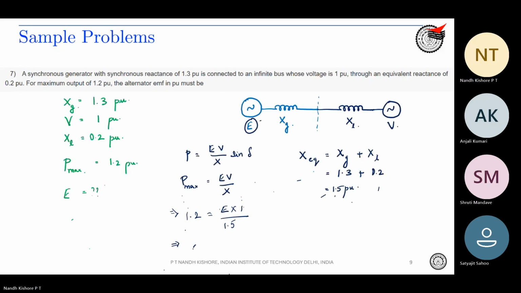Therefore, your E is 1.2 multiplied by 1.5, which is 1.8. So yeah, it's a very simple question in the end.